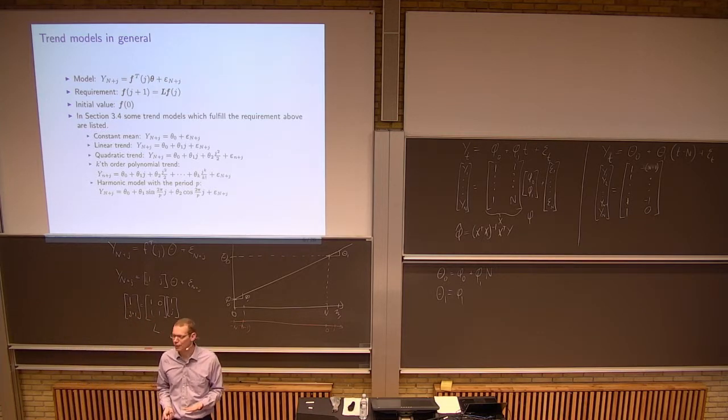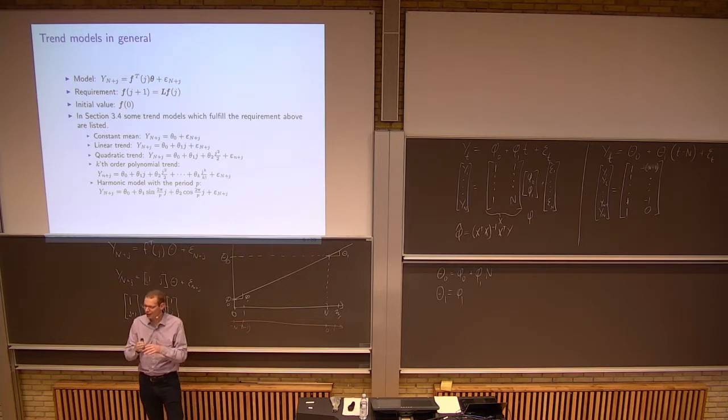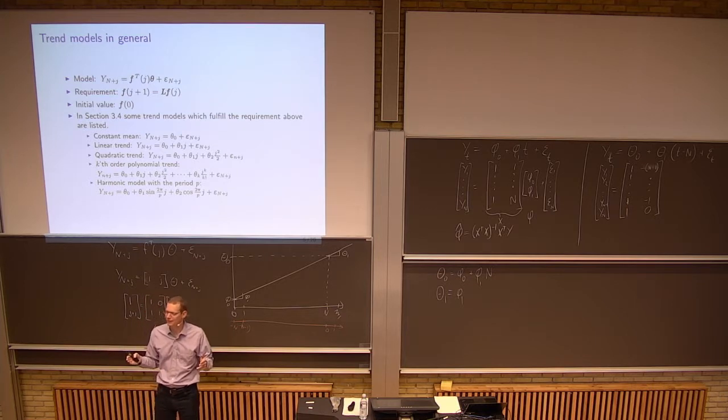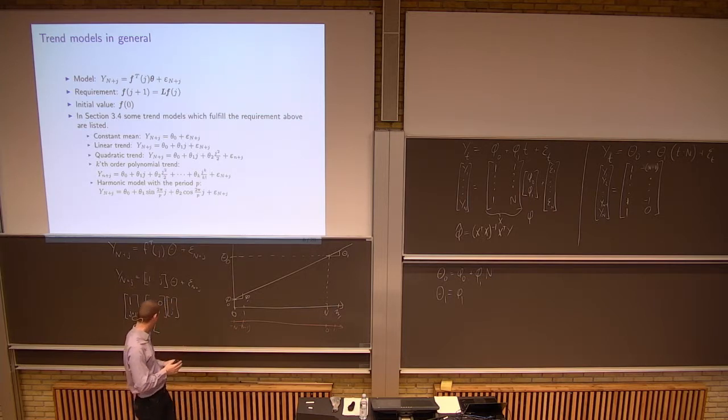If you just don't look at the slides, how do you estimate the mean of a number of observations? Yes? You calculate the average. What do you do? Exactly. You sum up all the observations and divide by the number.